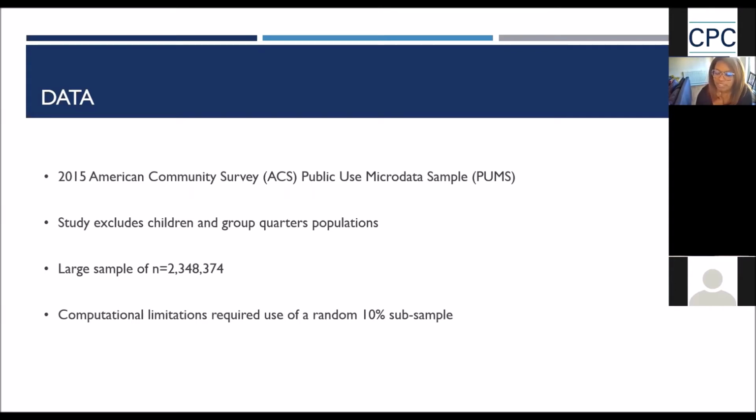But when I still did the analysis using replicate weights on it, the population sample was still over 200 million instead of the 2 million. And the subsample allowed me to continue the analysis without any additional issues.